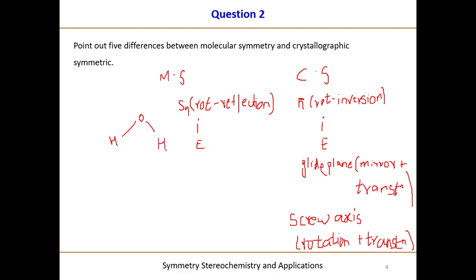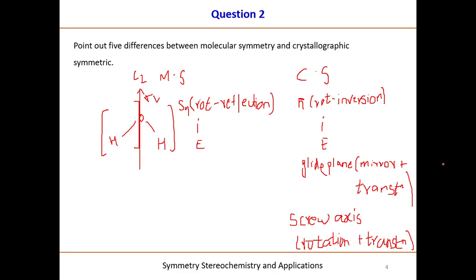In molecular symmetry, the point group symmetry element passes through the atom of the molecule or the molecule itself. So this is the sigma v, and here we have a rotation axis also, C2, like this.